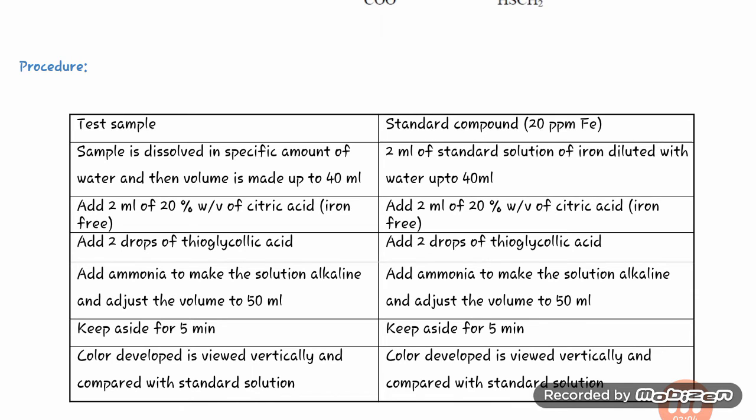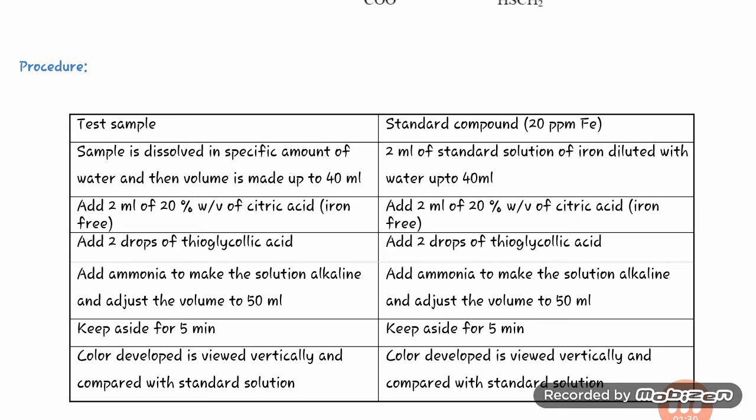Then add 2 drops of thioglycolic acid. Then we have to add ammonia to make the solution alkaline, and adjust the volume to 50 ml. So the total volume is 50 ml. Then keep aside for 5 minutes, and the color will develop. View vertically and compare with the standard.